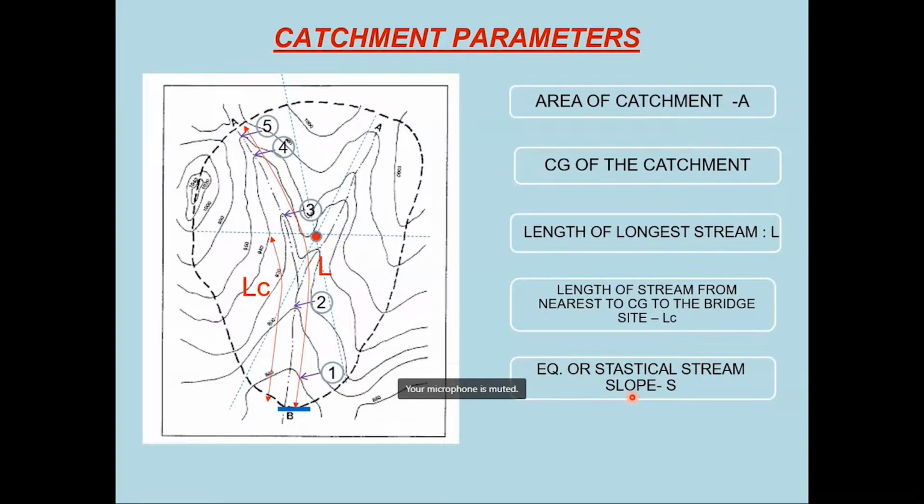How this is to be decided, we will cover in the next slide. It is not a normal slope, but a formula by which this statistical slope is calculated. All these parameters we will use while calculating the discharge.